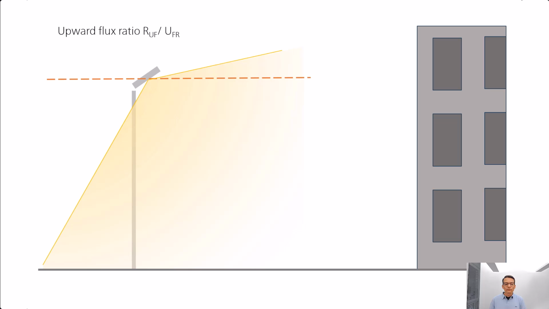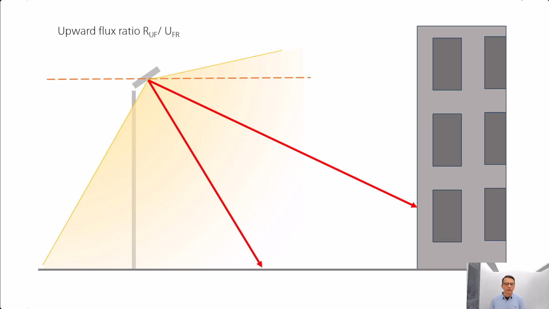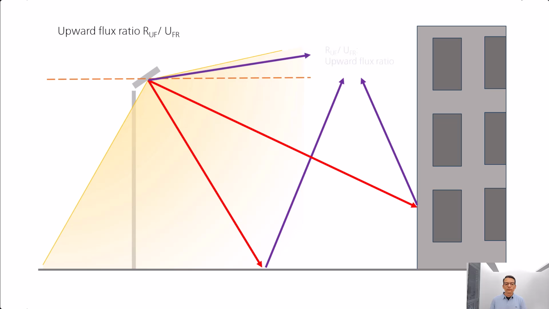The upward flux ratio, RUF or UFR, takes into account both the directly upward directed luminous flux, the upward light output ratio, and the luminous flux that reaches the sky through reflection from surfaces such as the ground or building facades.